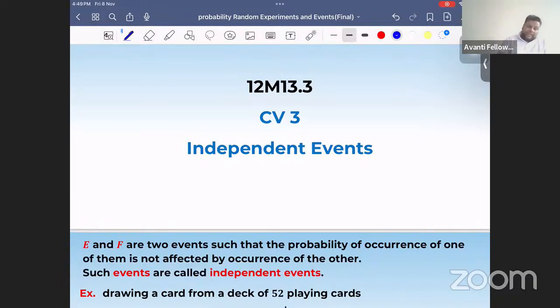The exact definition: E and F are two events such that the probability of the occurrence of one of them is not affected by the occurrence of the other one. Such events are called independent events.